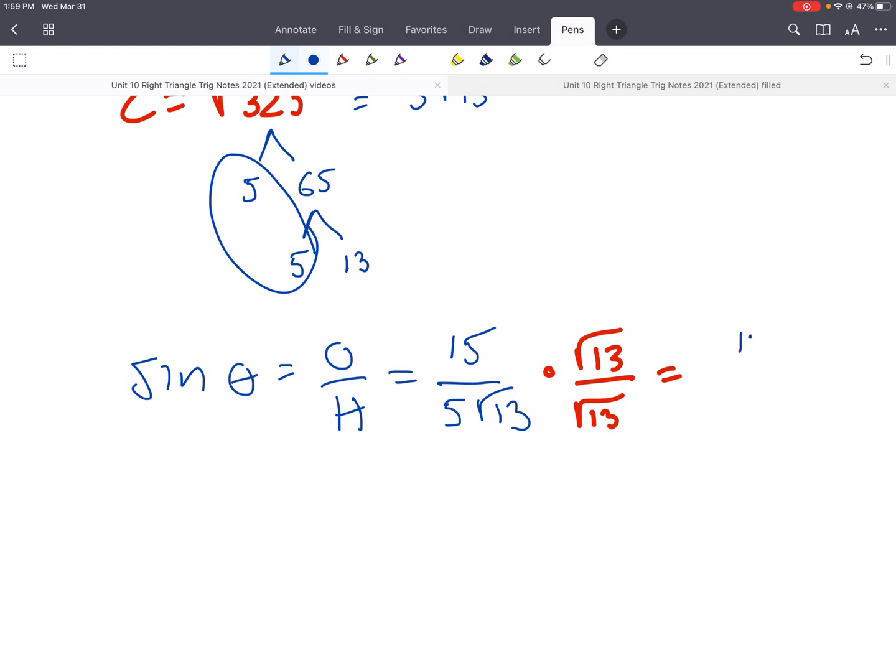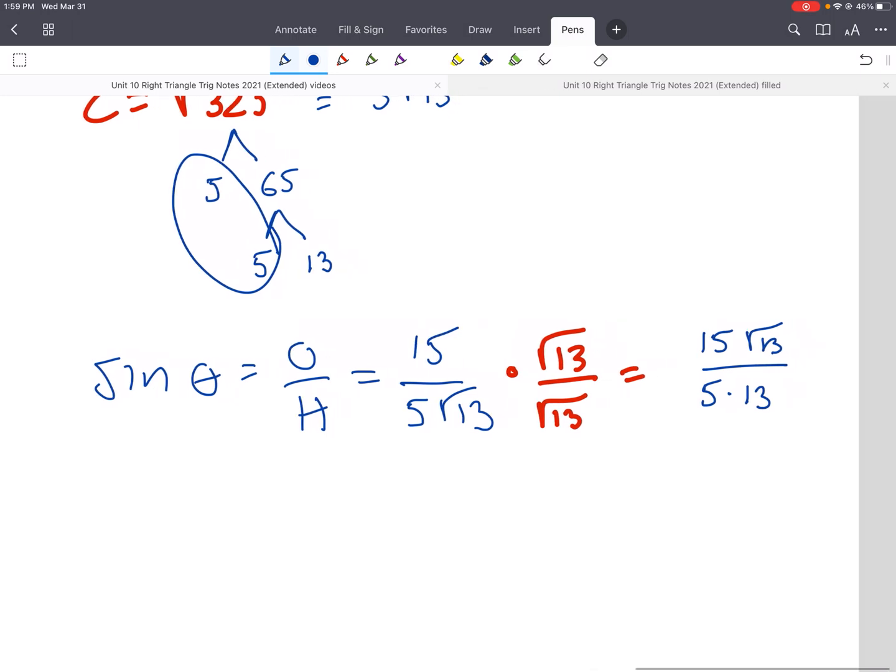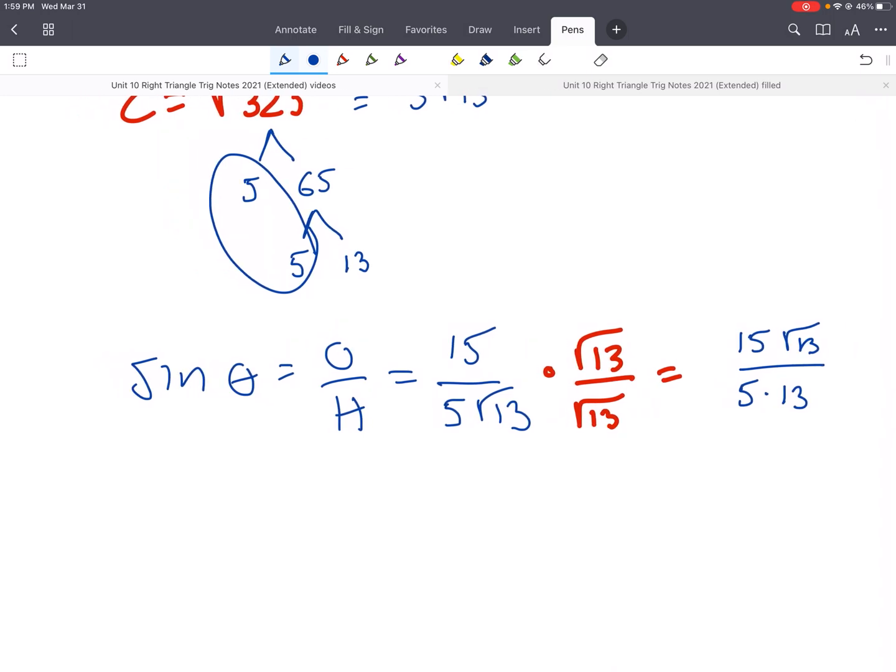And that will give us 15 square roots of 13 over 5 times 13. I kind of did this a little different last time. We can simplify that right now and get 3 square roots of 13 over 13.